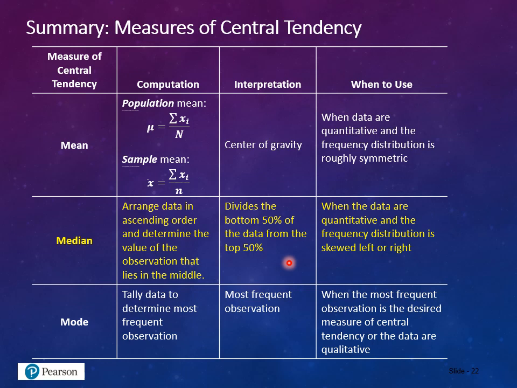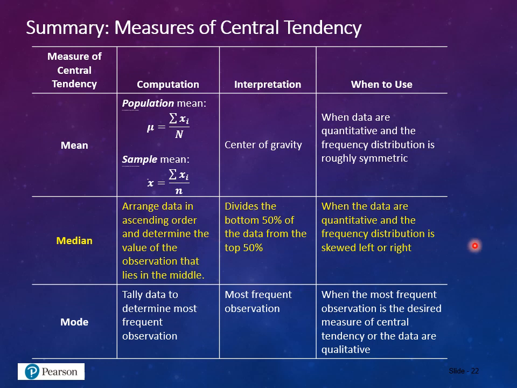It's not the numerical average, it's just the middle response. So remember the way we did this, we first arranged all the data in ascending order from smallest to largest. We determined how many observations there were. If they were odd, we could pick the exact middle number, and that is the median. And if it was an even number of observations, then we had to take the two middle numbers, because there is no middle number, and find the average of that, and then that would become the median.